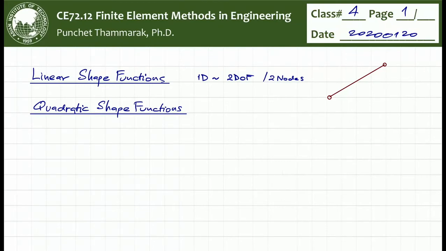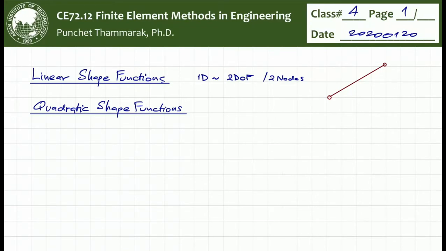If you talk about the plate bending or the shell problem that also contains bending, then one nodal point may contain in-plane displacement. So in-plane displacement, if the plane is the xy plane, you have in-plane displacement in x and in y, and then you will also have out-of-plane displacement, which is displacement along the z direction, and also you have the rotation, so rotation about the x-axis, y-axis, and z-axis.